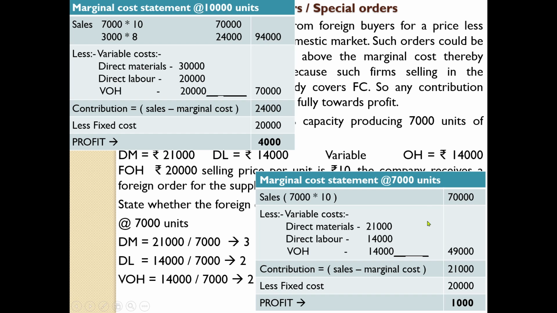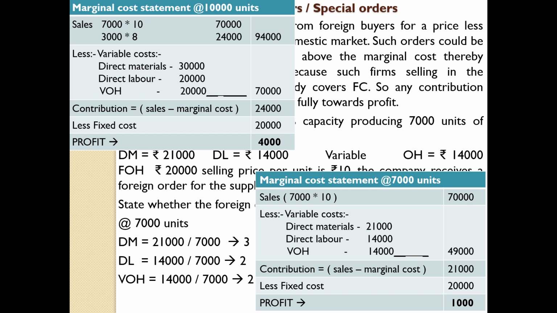See, we have got an extra 4,000 as contribution, and if you deduct the fixed cost from that, you will get a profit of rupees 4,000. Earlier the business was earning 1,000 rupees as profit. Now if they accept the foreign order, they can easily earn 4,000 rupees, an extra 3,000.